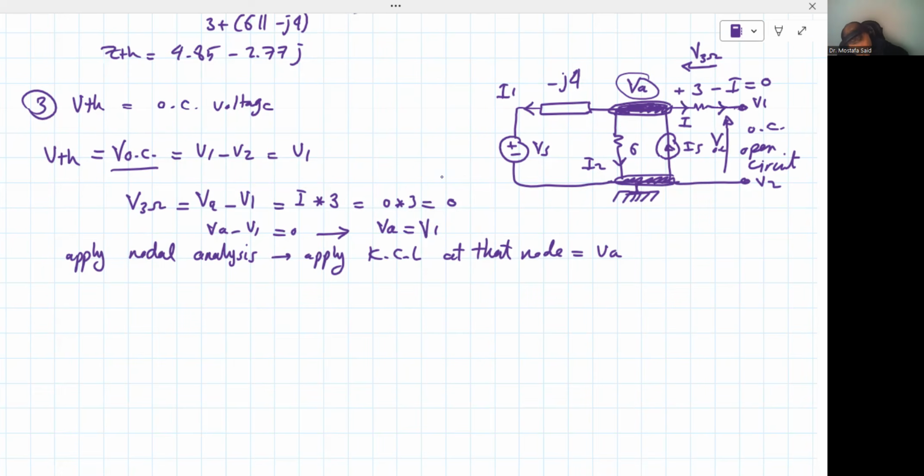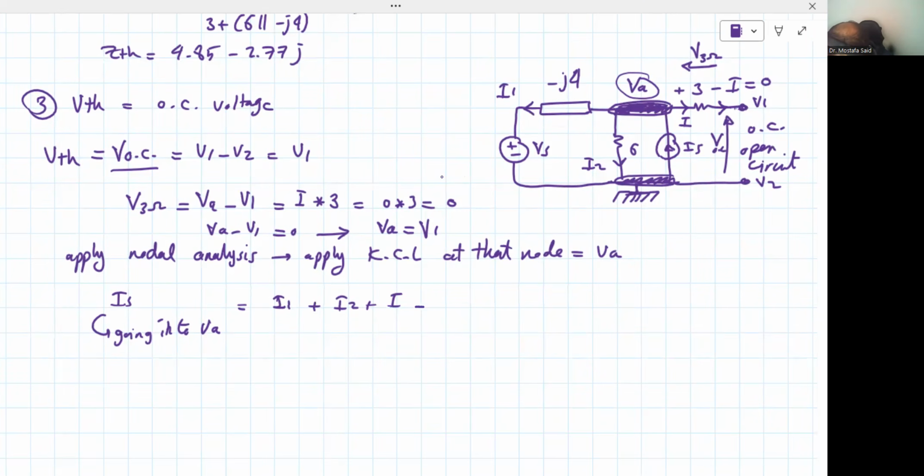So what are the currents going into the node? We have just one, IS. This is going into VA, equal to the currents going out of the node. We have I1 going out, I2 going out, and I, which is 0 by the way, also going out of the node.